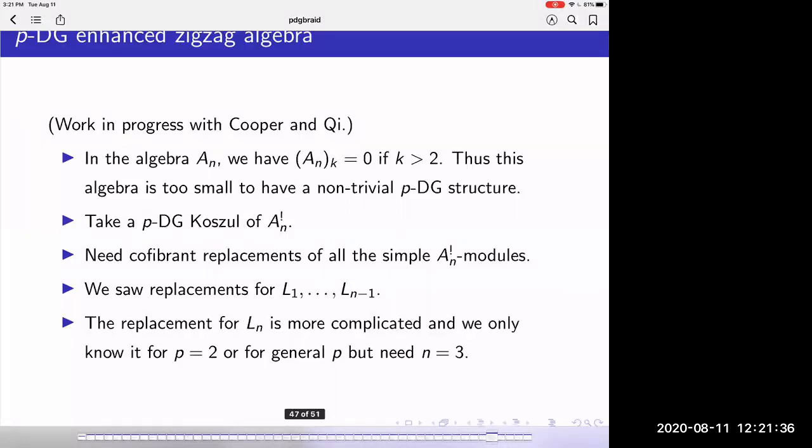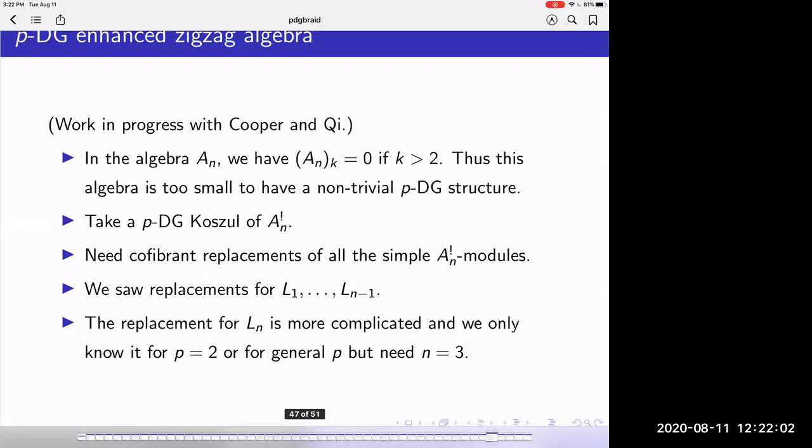So as I said before, looking for a PDG structure on the algebra AN that we started with, essentially the zigzag algebra, is problematic because it's too small to have non-trivial P differentials. What one could do instead is take some version of Pdg Koszul duality of Pdg AN streak.